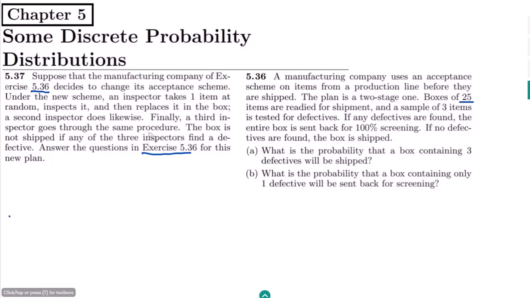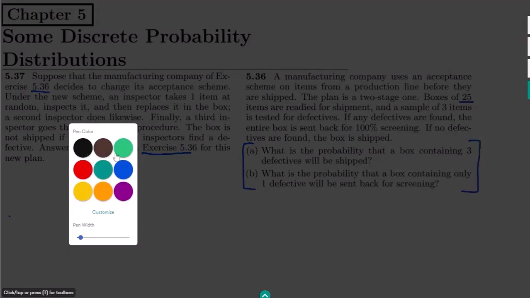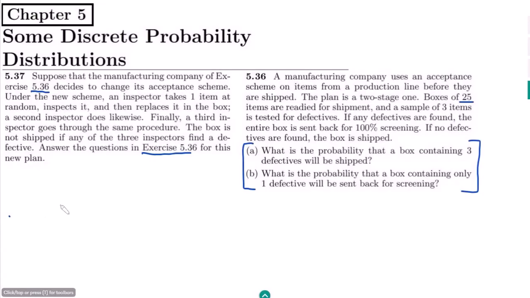But now, as the strategy has been changed, we have to answer part A and part B. First of all, let us see what the strategy is. Let us have 3 inspectors here. These are the 3 inspectors, 1, 2, 3.